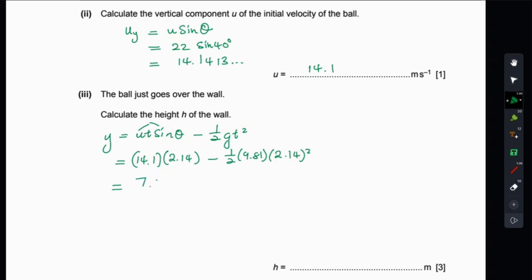This will give us 7.711106 meters, which means h is equal to 1.2 plus y, which is 1.2 plus 7.711. You can leave it to 3 s.f. This gives me 8.911 meters, approximately 8.9 meters.